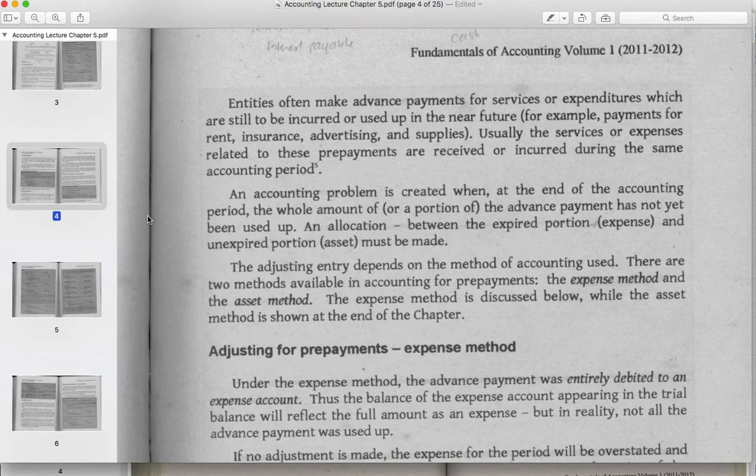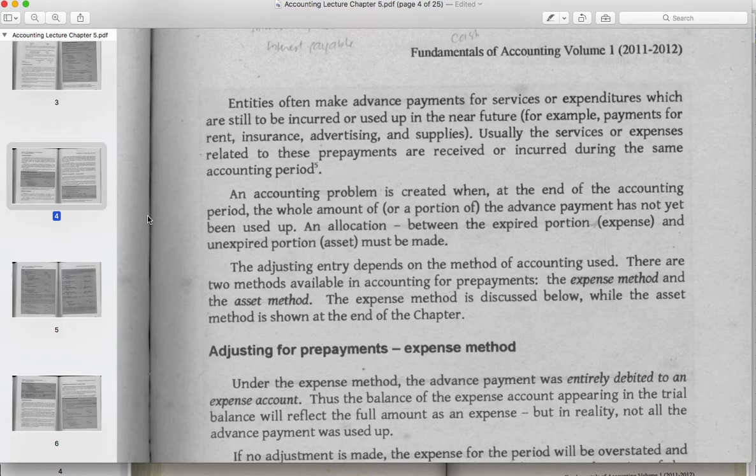For example, yung mga maliliit na entities, o di kaya kapag yung related expense ay ine-expect din ni entity na mauubos o magagamit sa buong taon or sa buong reporting period, ang ginagawa nila, nire-record na nilang lahat as expense yung prepayment.